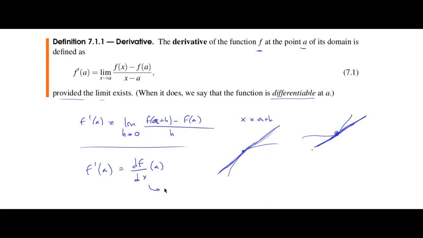Leibniz notation. This is Leibniz notation, which kind of fell out of use in some parts of math, but it's actually pretty intuitive, because the idea that Leibniz had was that we were taking very small increments in x and seeing how these increments in f corresponded.